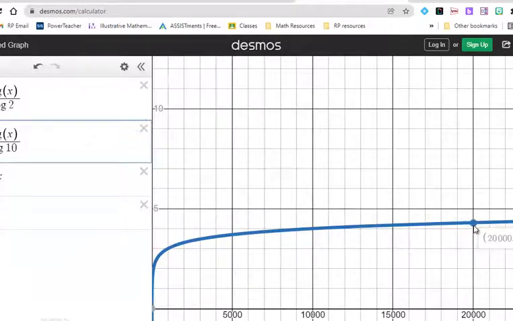About 4.31 is what it's telling me on my screen. So on a population d of 20,000, I already forgot my number. I said about 4.3.